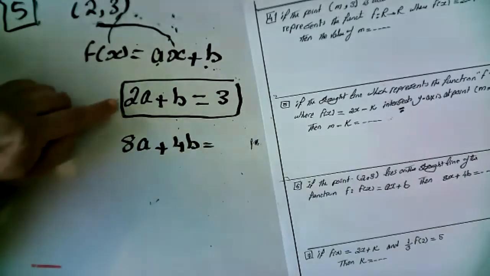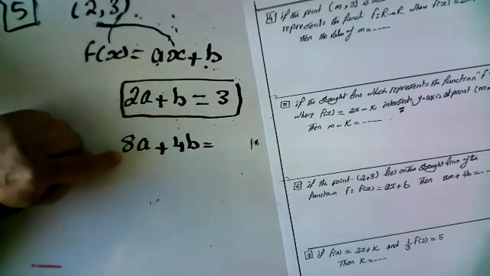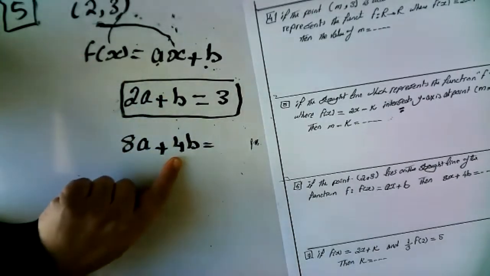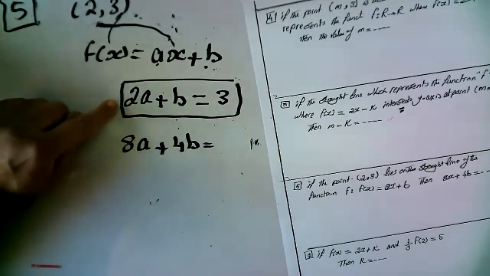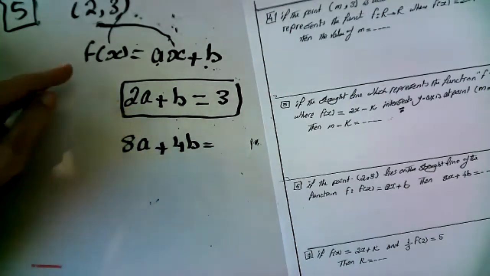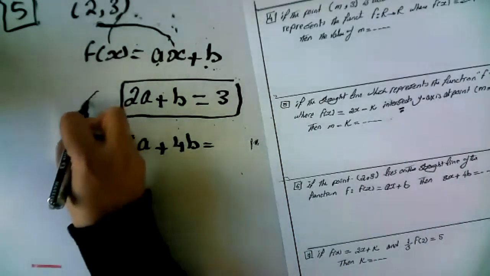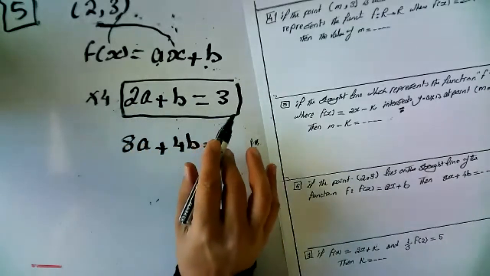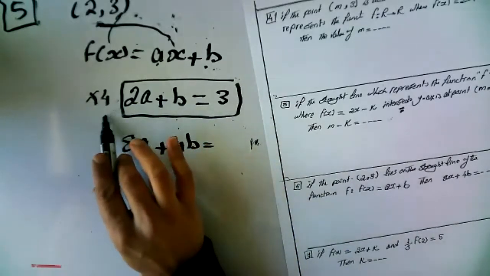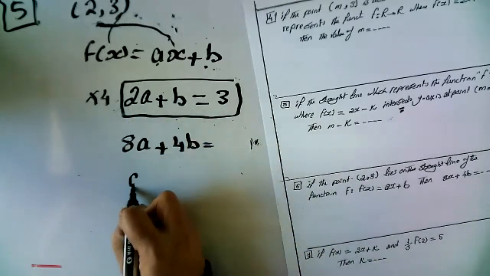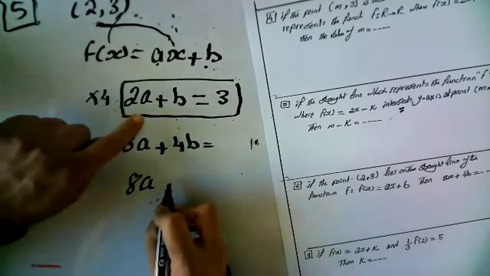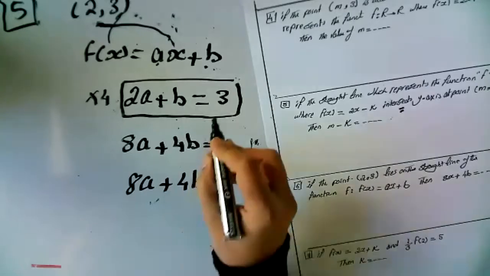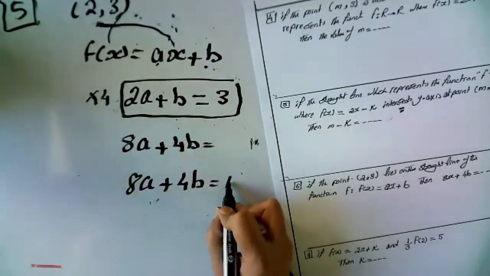Look at these numbers, 2 and 8, 1 and 4. If we multiply the equation 2a plus b equals 3 by 4, we get 4 times 2, 8a, plus 4 times b, 4b, equals 3 times 4, 12.